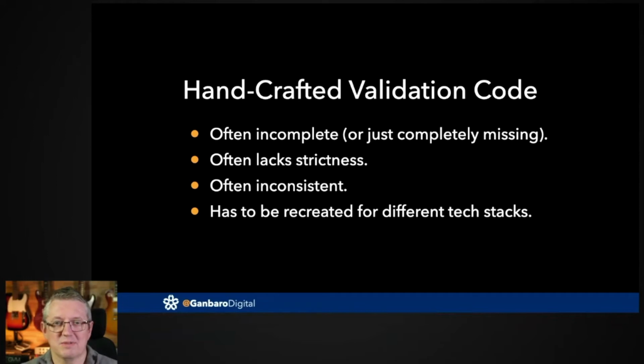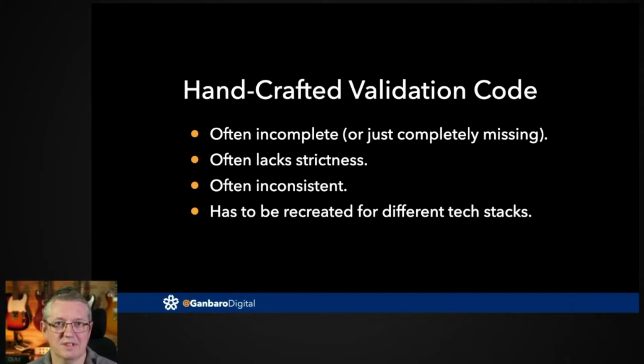In my experience as well, this handcrafted validation code tends to be created at the point of use. It's often not as reusable or reused as one would like. And so it's not unusual to find two API endpoints that take the same kind of data, but they validate that data in different ways because of this handcrafted nature. And then finally, another problem is it's code.